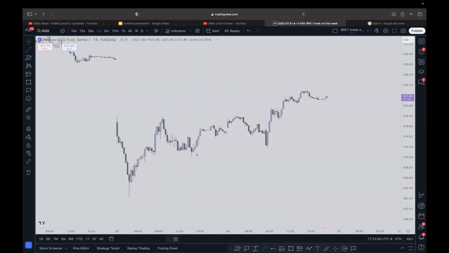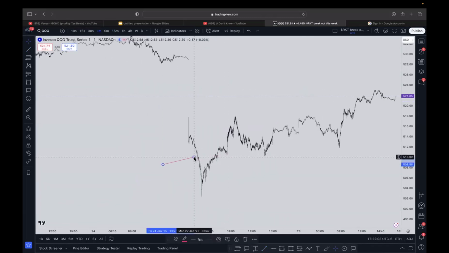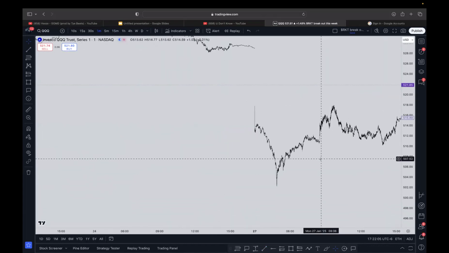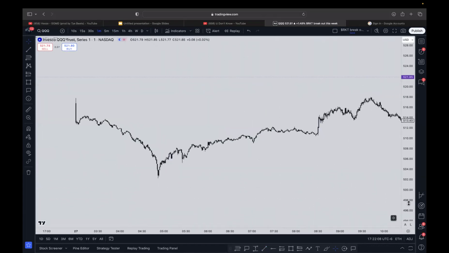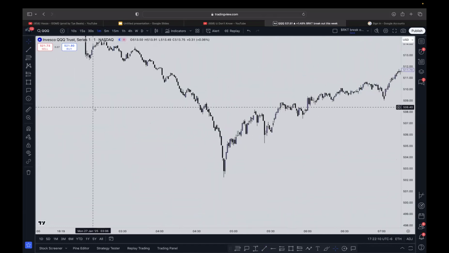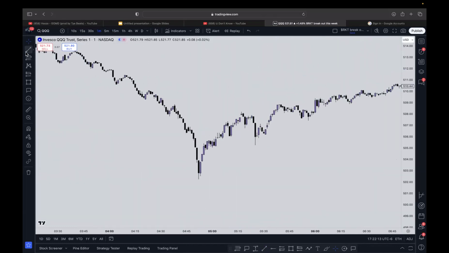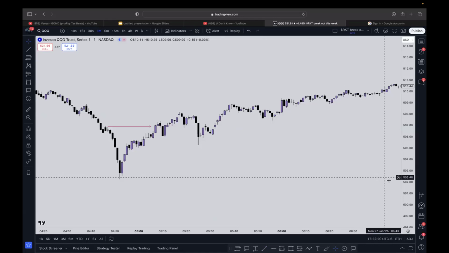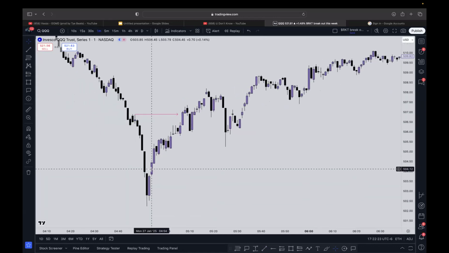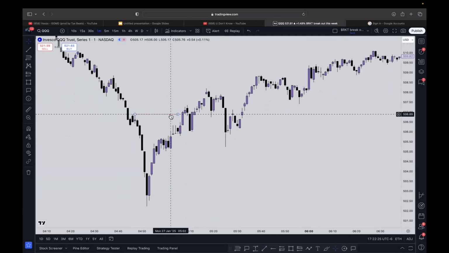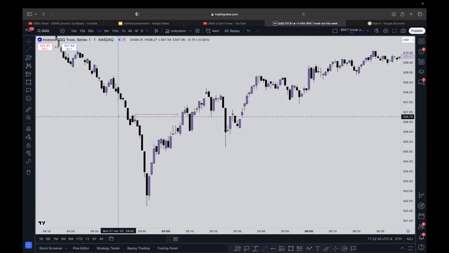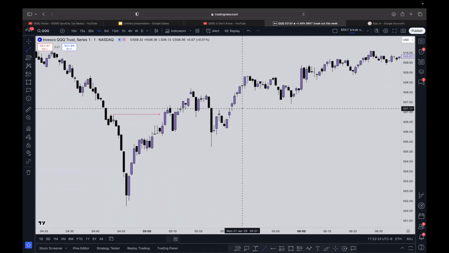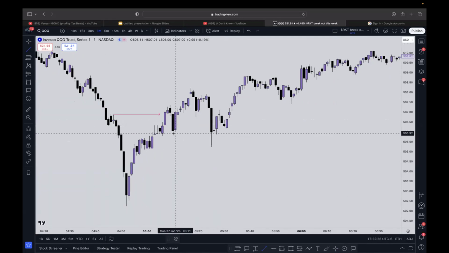So if I went to a 1 minute, I can see, all right, here is the lowest point we have, and it came from this high. Here we have a market structure shift to the upside once we break that red line. And then from here, we can see price continues to move higher.